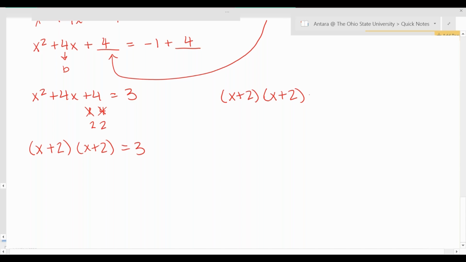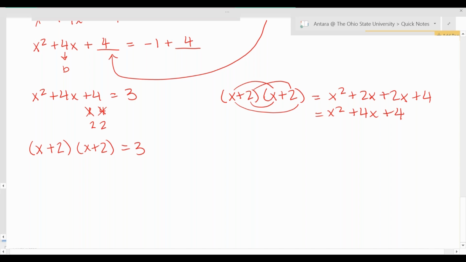If we FOIL it, we're going to do first, outside, inside, and then last. That equals x squared plus 2x plus 2x plus 4, which equals x squared plus 4x plus 4, which is exactly what we had before.